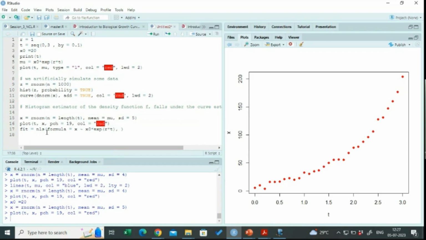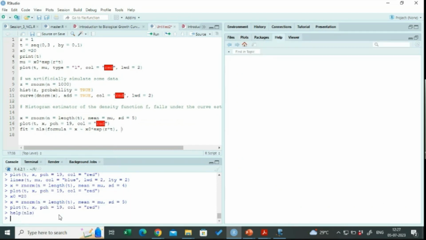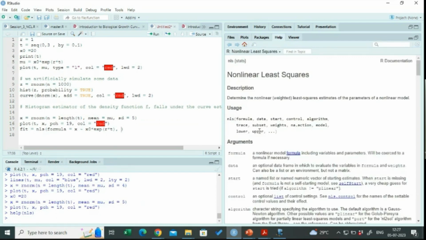And then, okay, so I actually forgot. What is the next thing to be given? So what can we do immediately? Help nls. There's a formula, you have to give the data. There is a start we have to give because it is going to perform an optimization and find out what is the best choice of these two parameters x0 and r.